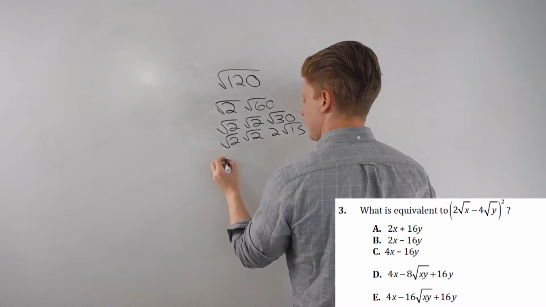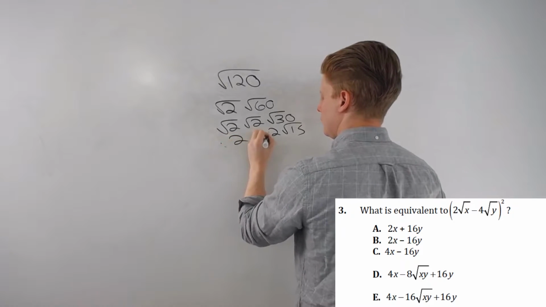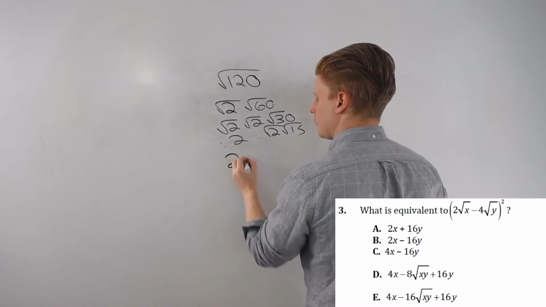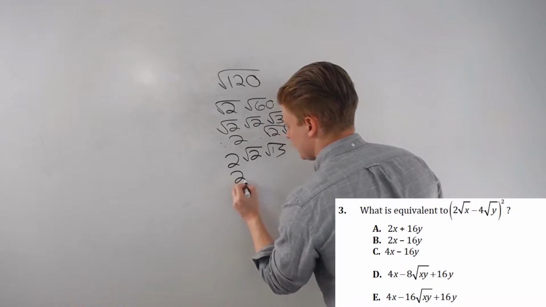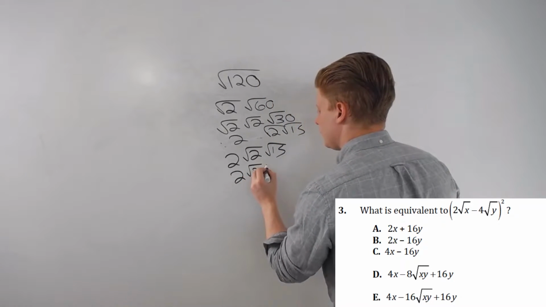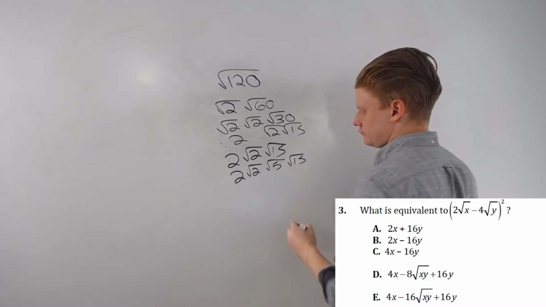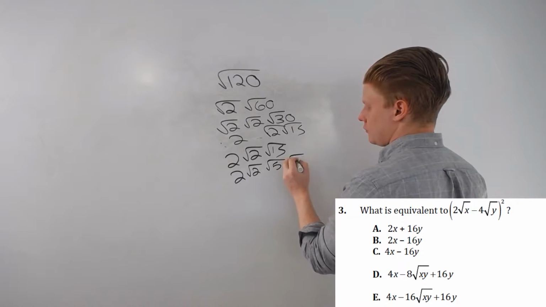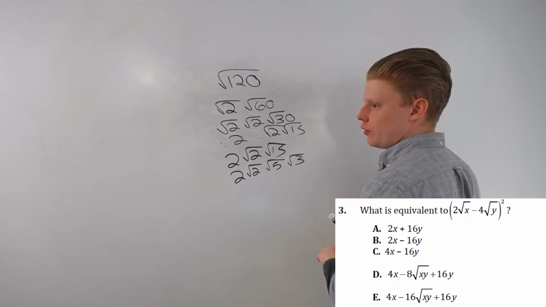And then at this point, I would probably just go ahead and write these as 2. So I have 2 times the square root of 2 times the square root of 15. I can break that 15 up. 2 times the square root of 2 times 5 times 3. There's not much I can do about that at this point.